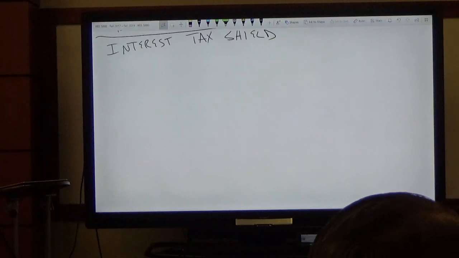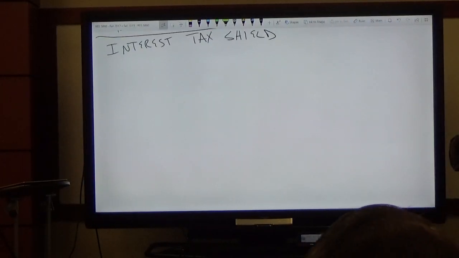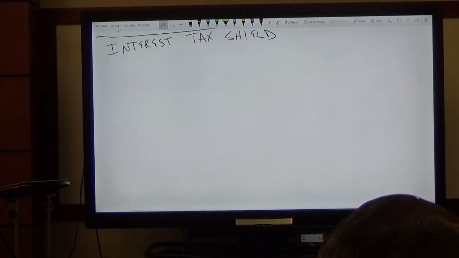Make sure that we're very clear on this. You don't receive a tax benefit for the full payment. You receive only a deduction for the interest portion of the payment. So you don't get to deduct the principal portion, in other words, paying down your loan. All you can deduct is just the interest portion.